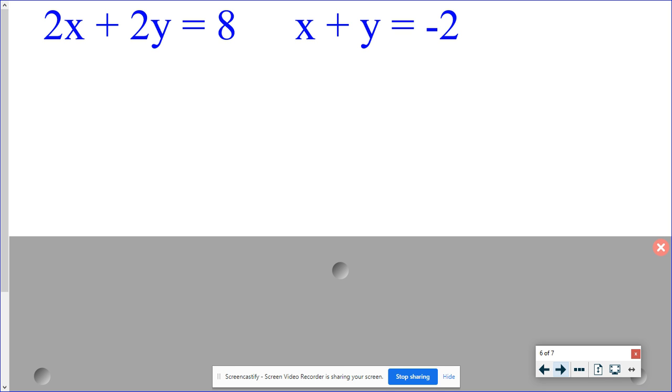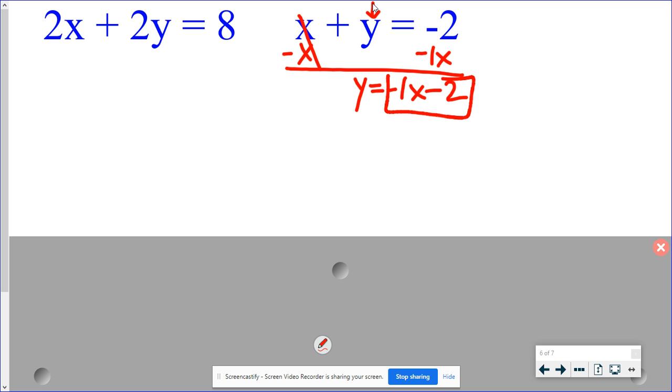Last problem. I would pick either the x or the y in the second equation. So let's pick the y. We just did a couple with x's. So let's subtract this 1x. That's what the y is. That goes in place of the y.